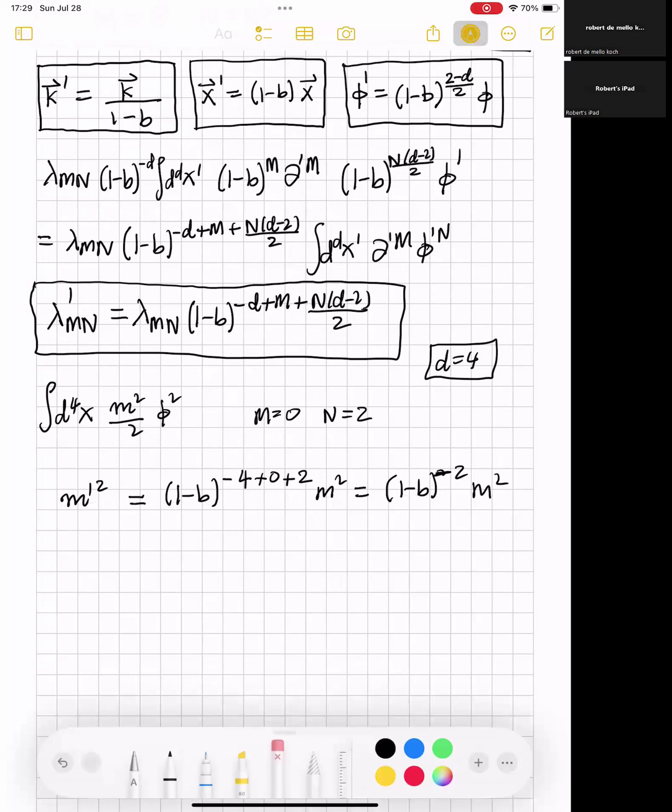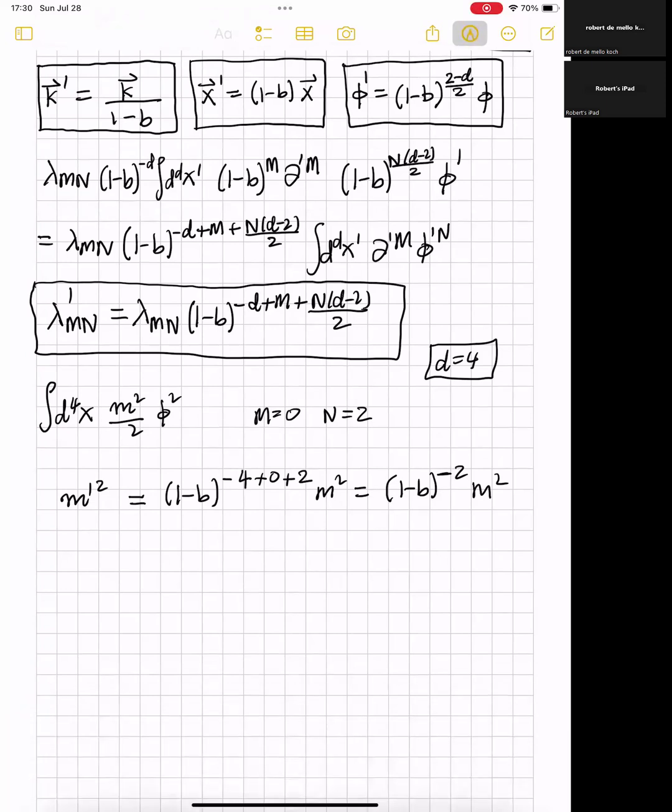And if we repeat it again, this factor would again appear. So it's good to figure out the size of this factor. Well, we know that b is very much less than 1, but we also know it's greater than 0. So that means that 1 minus b is less than 1, and it means 1 over (1 minus b) is greater than 1. So in particular, (1 minus b) to the minus 2 is going to be greater than 1.